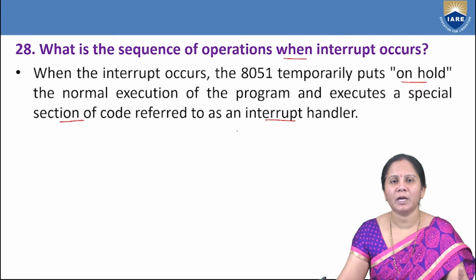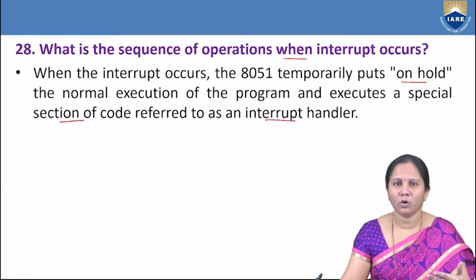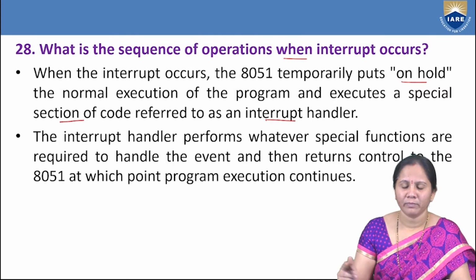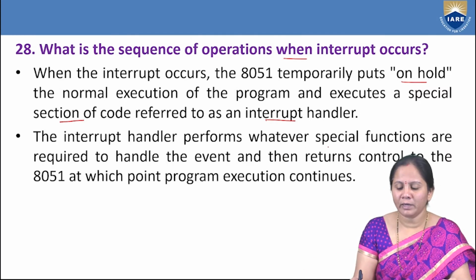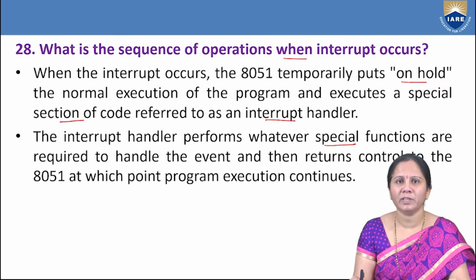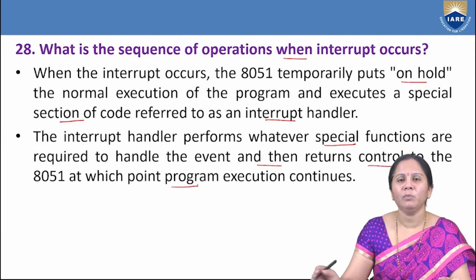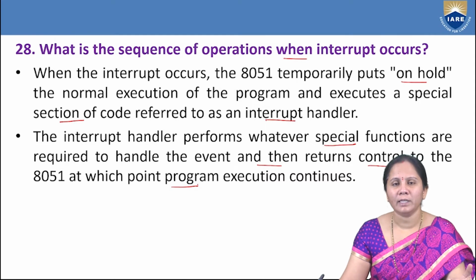Whenever an interrupt occurs, the microcontroller stops whatever it is doing and goes to the interrupt service routine in order to execute it. The interrupt handler performs whatever special functions are required to handle the event. After executing that, the control goes back to the main program where it had stopped, and it continues.